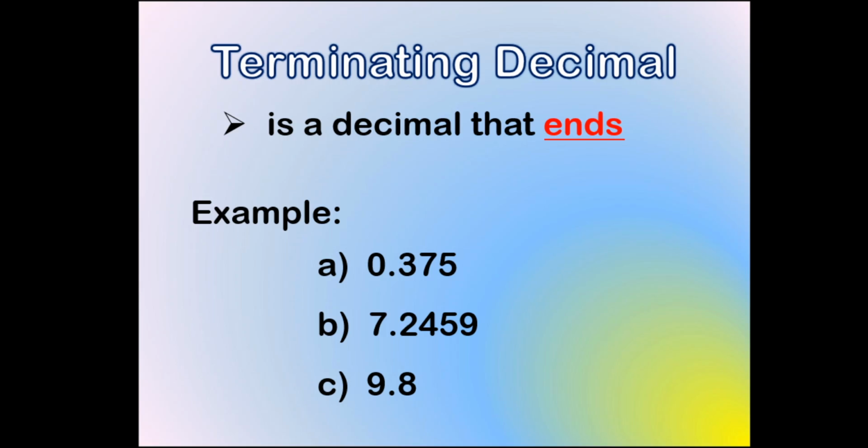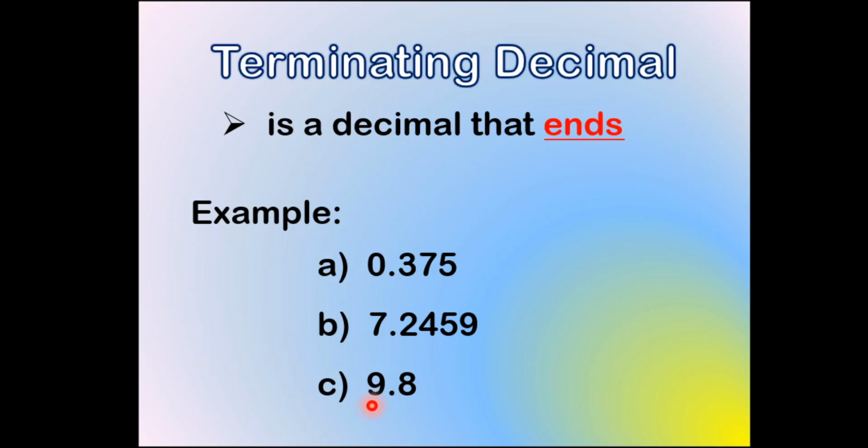First, we have terminating decimals. A terminating decimal is a decimal that ends. For example, we have 0.375. This decimal ends in the digit 5. On letter B, we have 7.2459. This decimal ends with the digit 9.